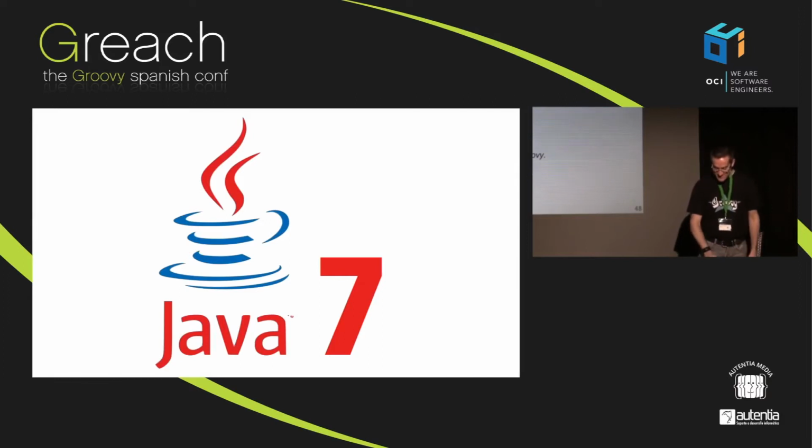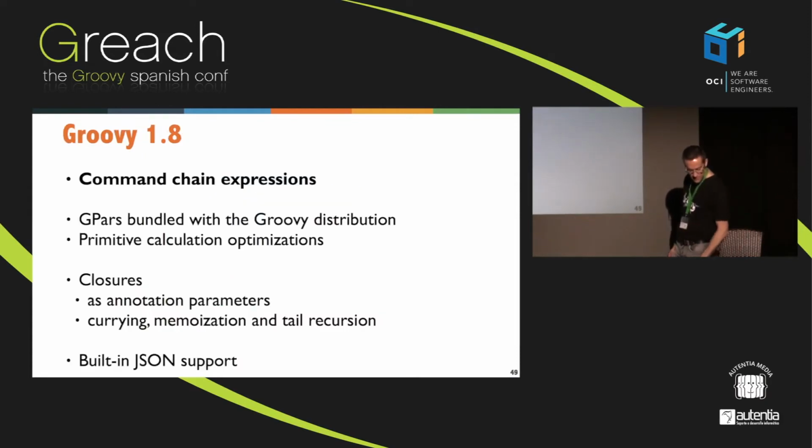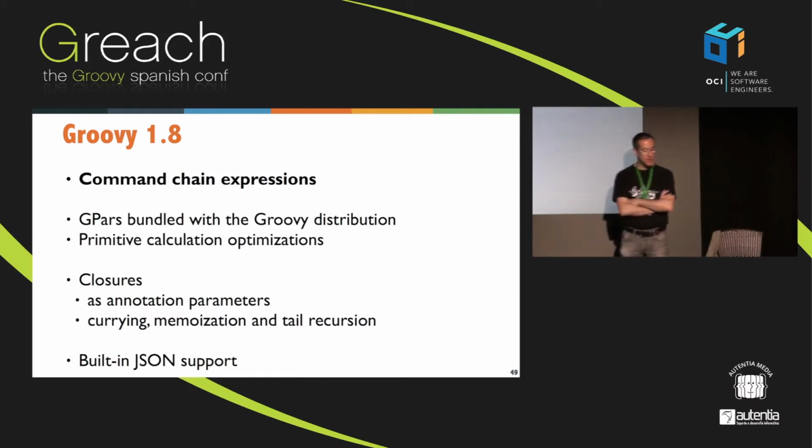Java 7 as well. Some new stuff like Vert.x, GroovyFX. I'm saying that for each release, like this was an important release, this one. So perhaps there's no release that wasn't important, but at least I'm going to highlight what I liked about a particular release. That was the command chain expressions.